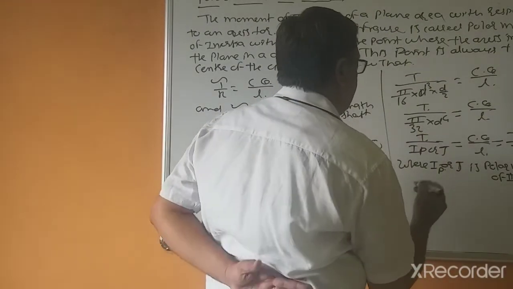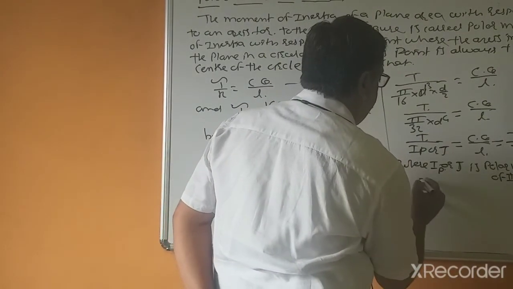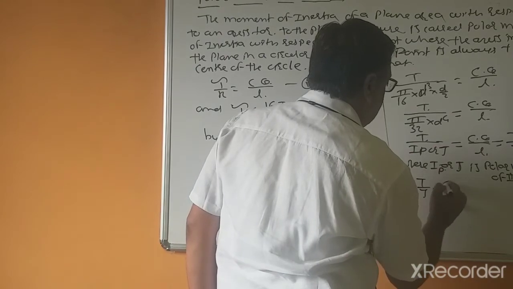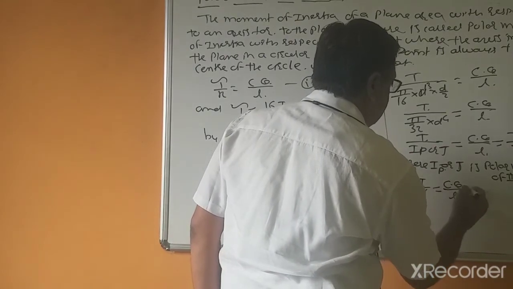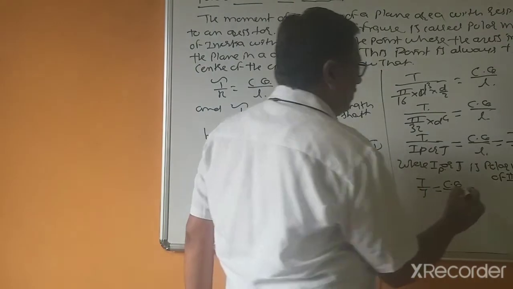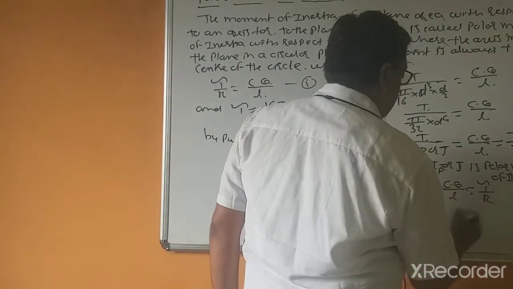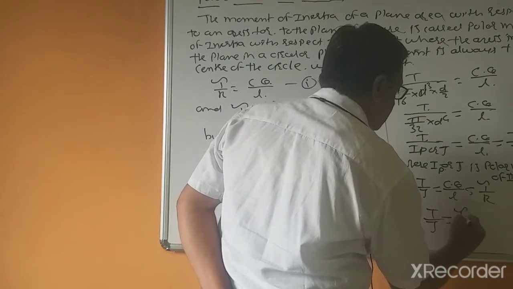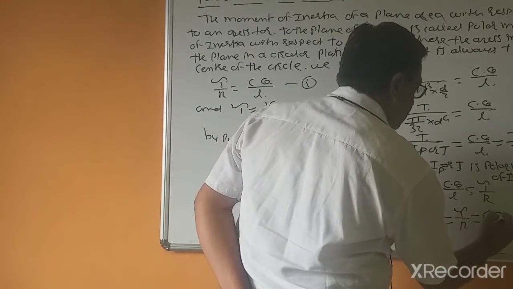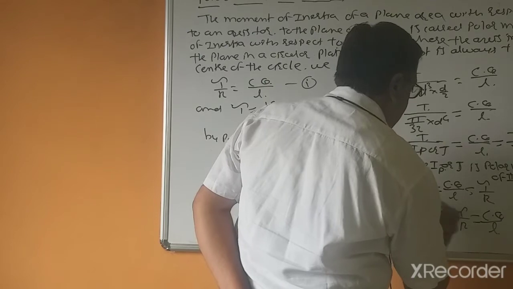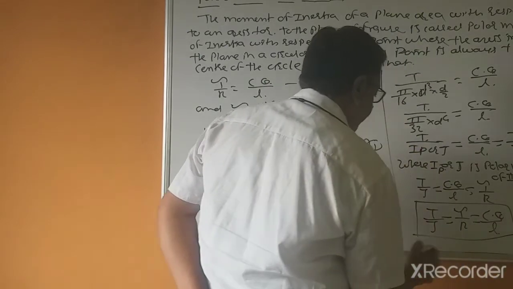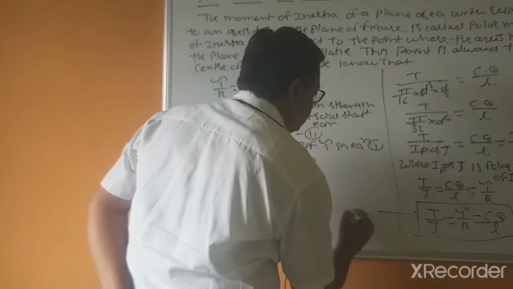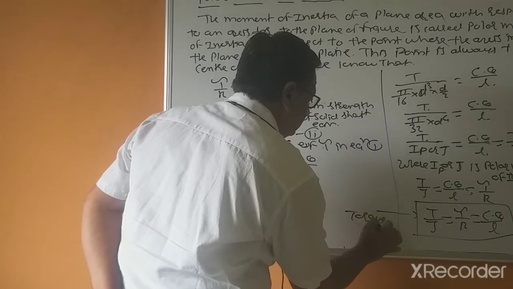So now this is t divided by J equal to c theta by L, and c theta by L is equal to, as we know, tau divided by r. So these equations become tau divided by r equal to c theta divided by L, and this equation is known as torque equation.